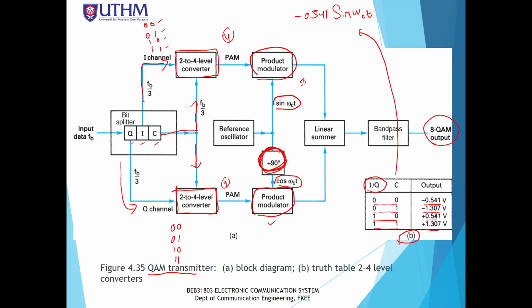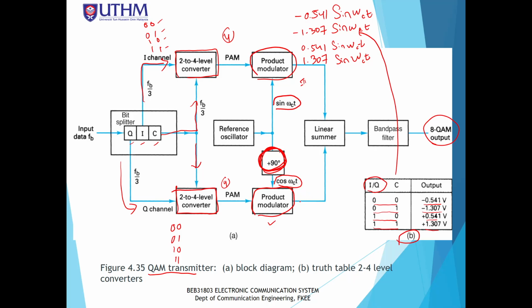Another one is negative 1.307 sine omega ct. Another one is 0.541 sine omega ct, and another one is 1.307 sine omega ct. So there are 4 possible outputs of the product modulator in the I channel.